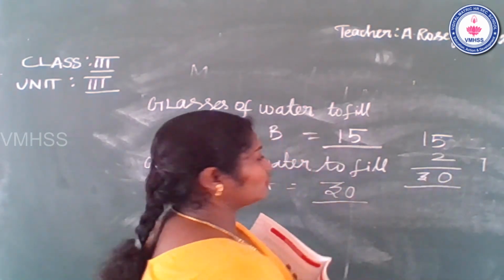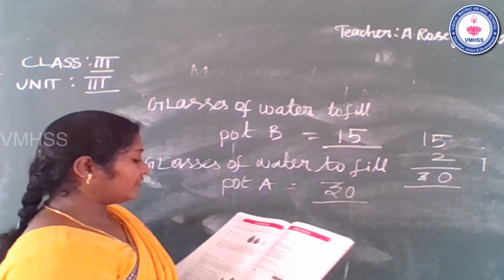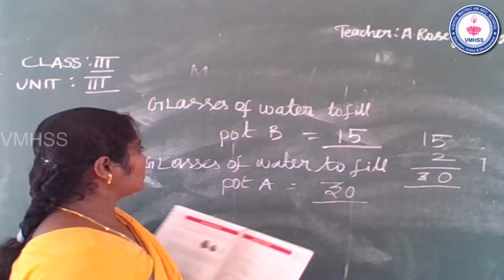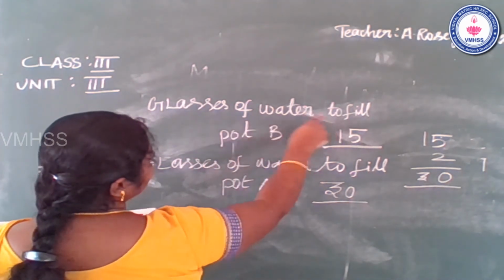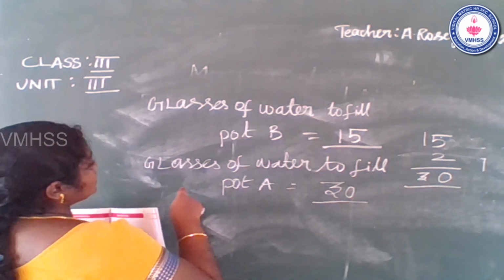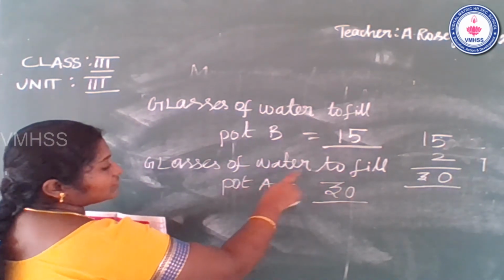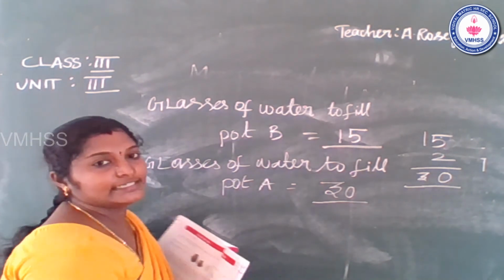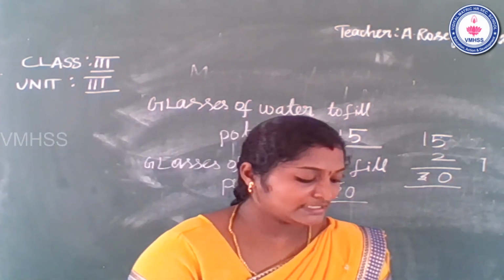So 15 doubled is 30. The glasses of water to fill pot B equal 15, and the glasses of water to fill pot A is 30. Please write fast.